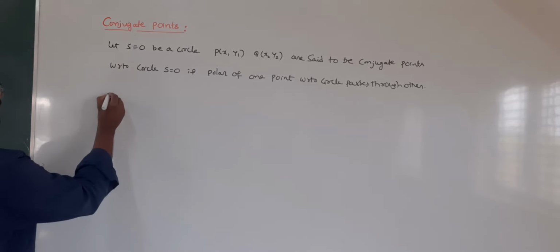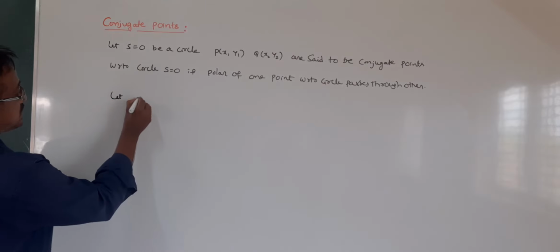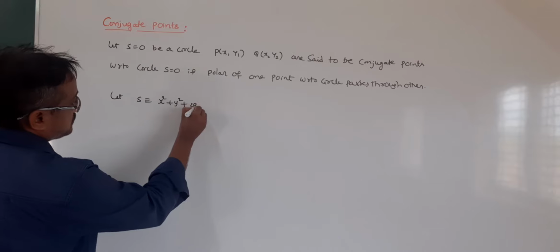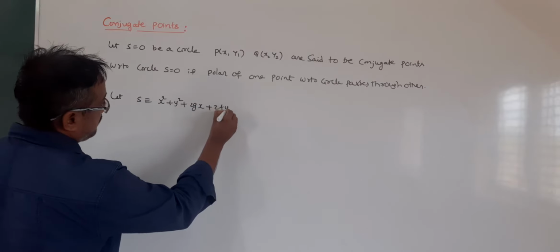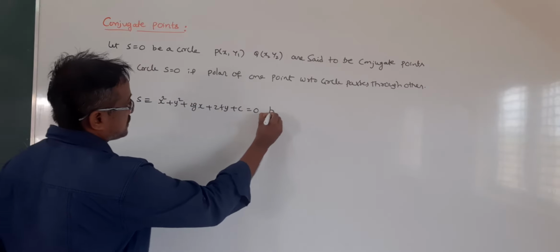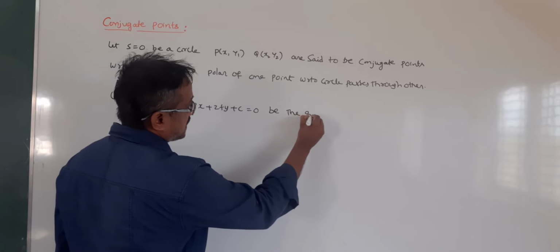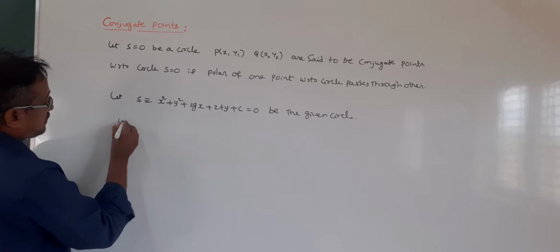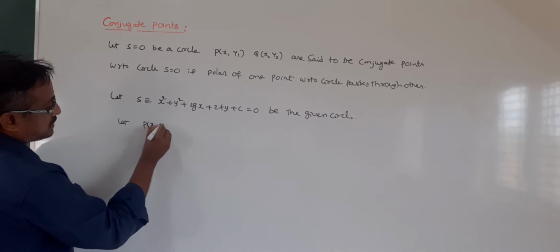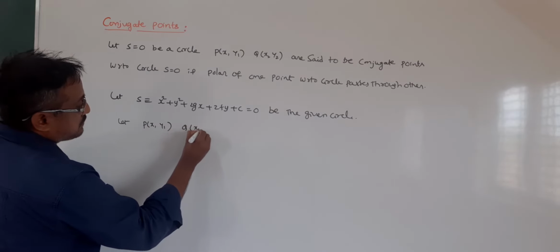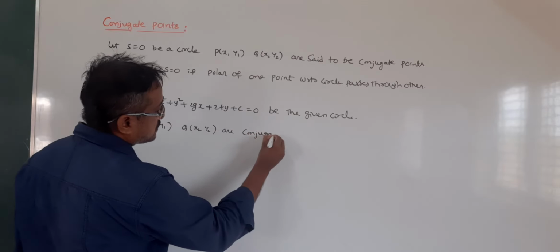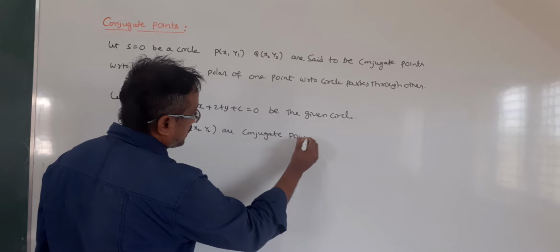So given circle, let S equal to x square plus y square plus 2gx plus 2fy plus c is equal to 0 be the given circle. So let P(x1, y1) and Q(x2, y2) be conjugate points.